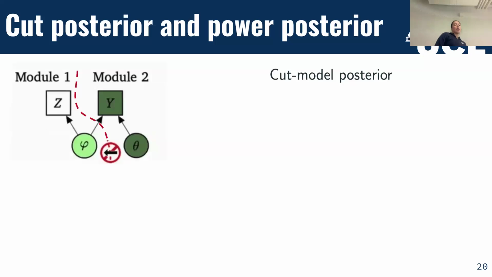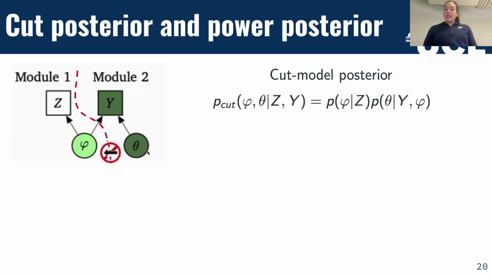So one of the suggestions is that we can do the cut model posterior. What is that? Imagine that we say, look, module 2 is misspecified. So what I want here is for the parameter phi to learn only from module 1, but not learn from module 2.